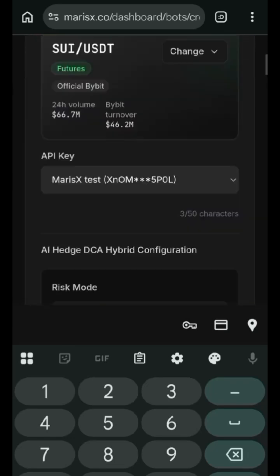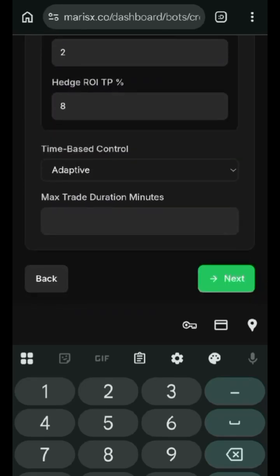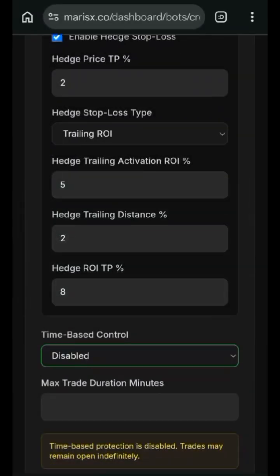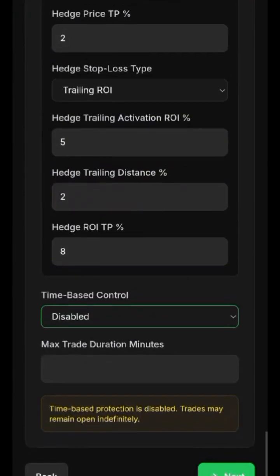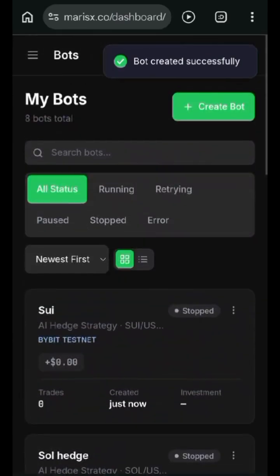All right, after you've cross checked, all you need to do is check the time based control. For me, I always disable it. All right, and then after that I click on next, and then click on create bot. All right, so you can see that the bot is created.